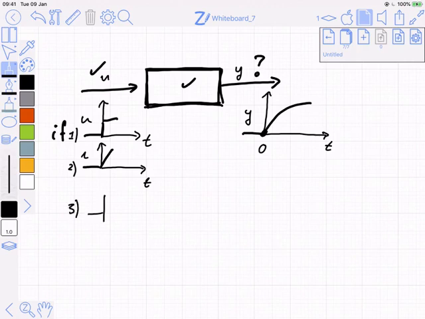Maybe you become interested in answering the question slightly differently, and you ask, what would happen if the input goes down instead of up? What would that response look like? What if the input varies in a periodic fashion? What would that output look like? And so on, right? So we're asking these kinds of questions, and we're thinking about the nature of the different kinds of inputs, and we're trying to predict in some way what the output would be.